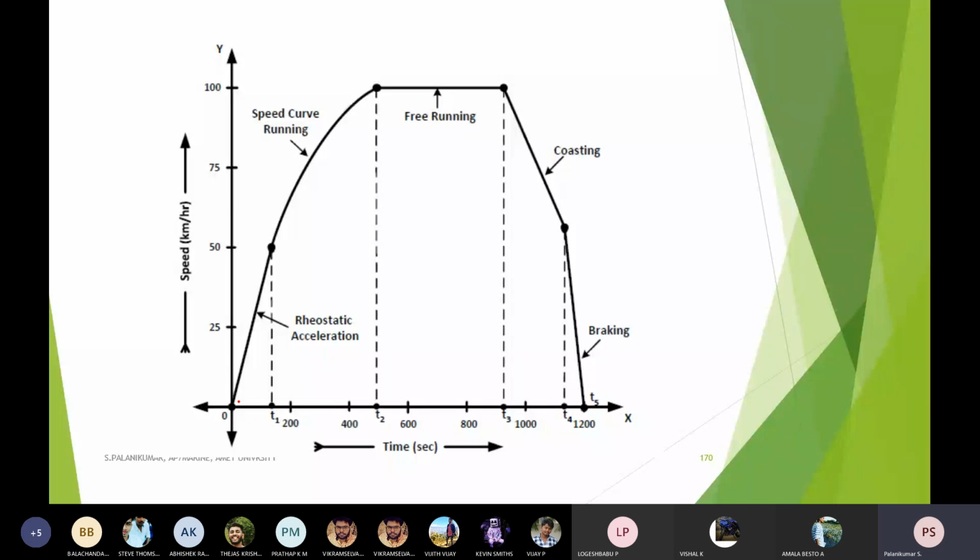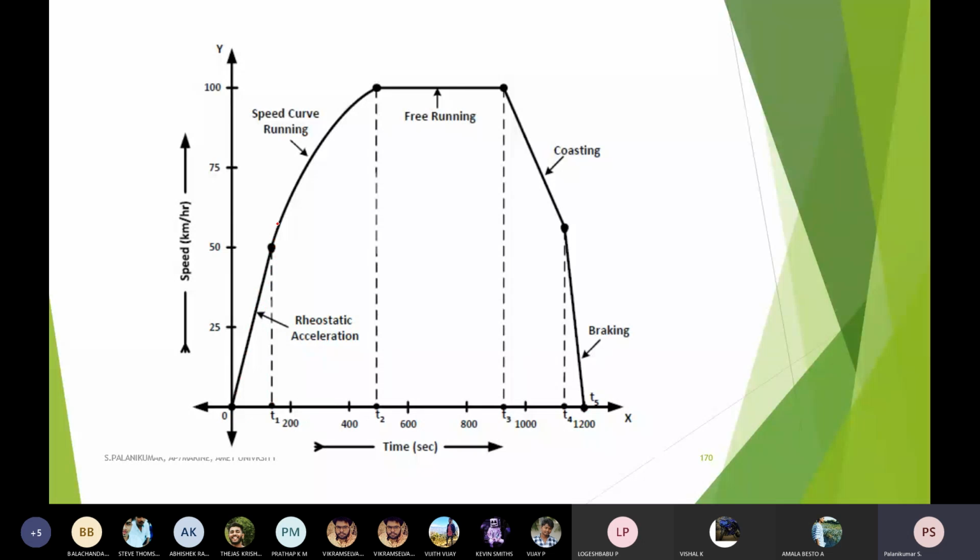Initially the train starts, and up to this point is called rheostatic acceleration. That means the moment of inertia is overcome. In order to overcome the moment of inertia, it has to produce a very high amount of torque, because more resistance is offered on the rail track. That is why it's called rheostatic acceleration.